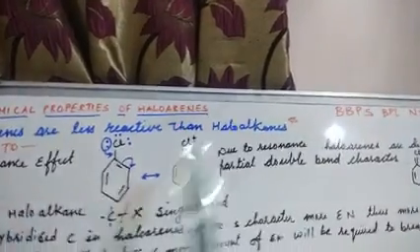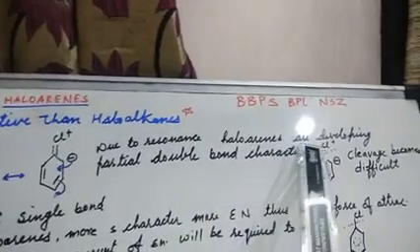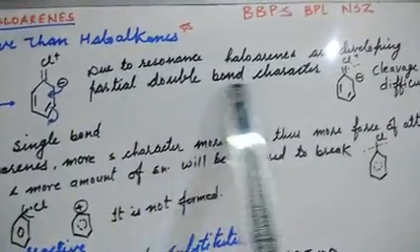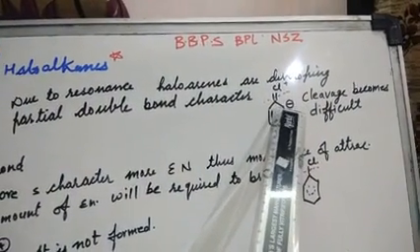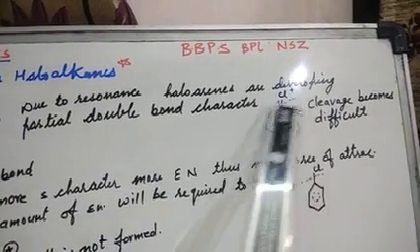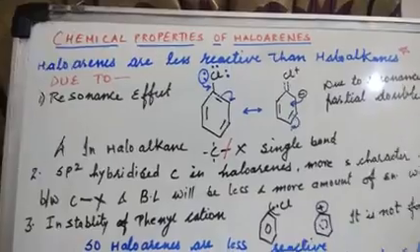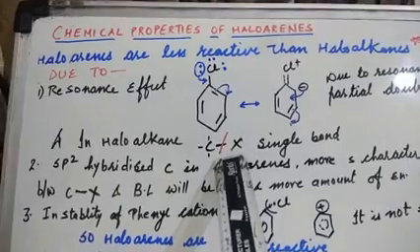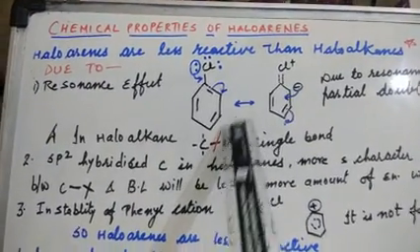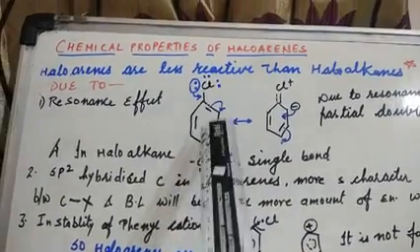So if this question comes, we have to write: due to resonance, haloarenes develop partial double bond character, and thus the bond cleavage between benzene and X becomes difficult. That's why the reactivity of haloarenes is less in comparison to haloalkanes, because in haloalkanes no resonance is there, no partial double bond is there, only a single bond is there, and that's why it can easily be broken. So haloalkanes are more reactive. This is the first reason.